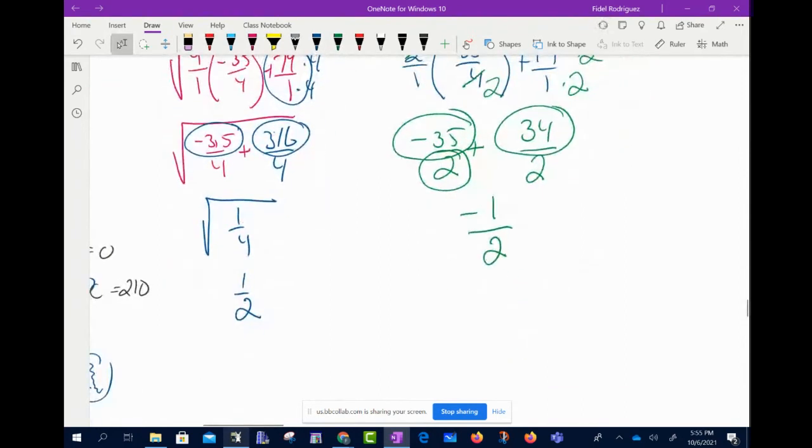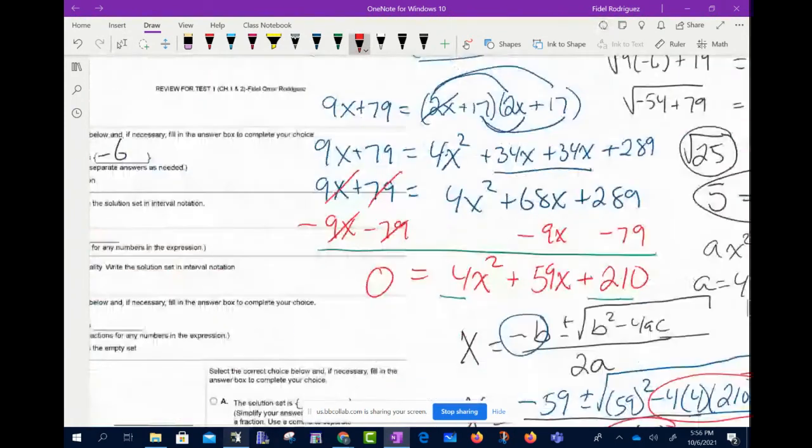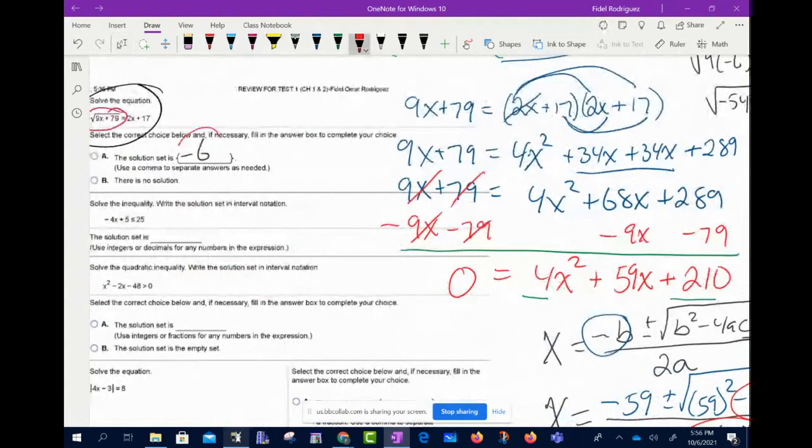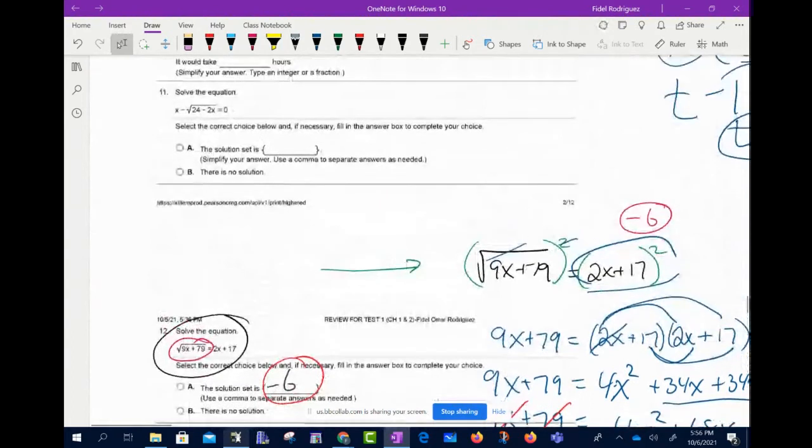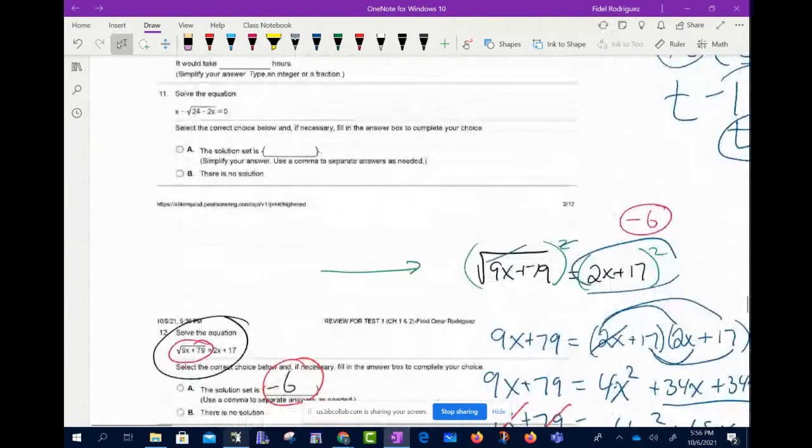So now, when I look at my two answers, they're not the same. All that tells me is that the only answer that works is negative 6. Now, I know that was a really, really long problem to do, but I want to ask you all a question. Look at number 12 and look at number 11.